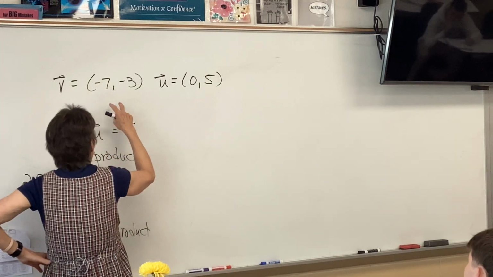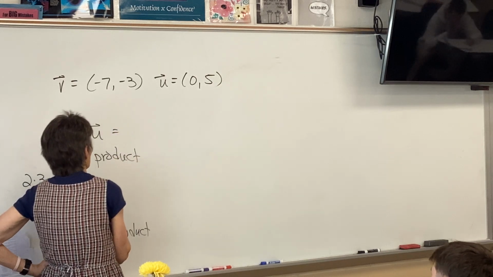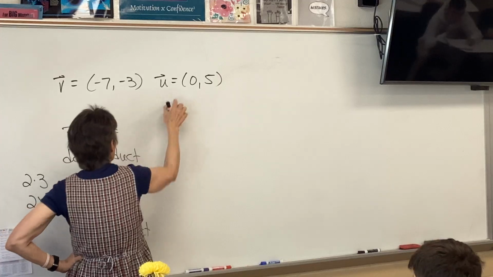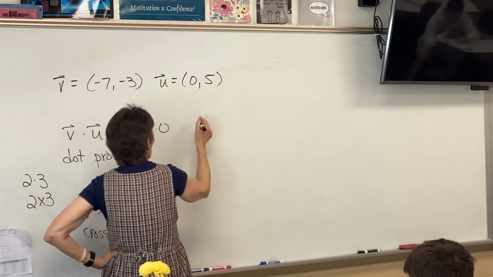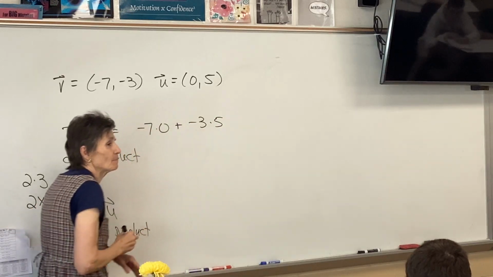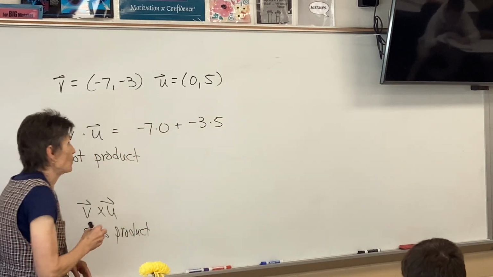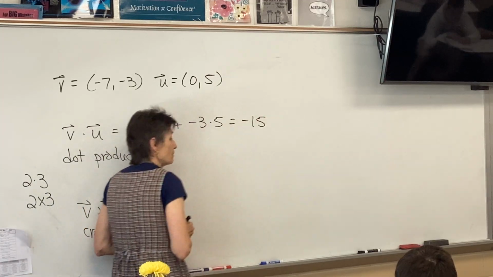So if I'm going to dot these two vectors, it's very, very easy. I'm going to take negative 7 times 0. I'm going to take negative 3 times 5. And I'm going to add them up. So again, the answer is just going to be a number. The answer is negative 15.